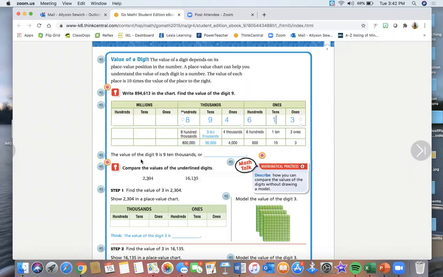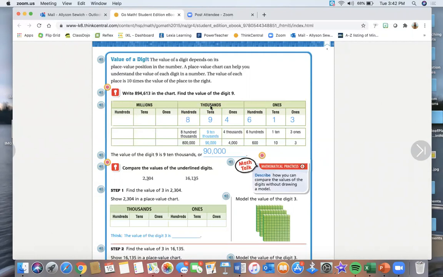894,613. So the value of the digit 9 is 9 10,000s, or looking at this chart that's really helping us out, it's telling us that that number is 90,000. Too many zeros.